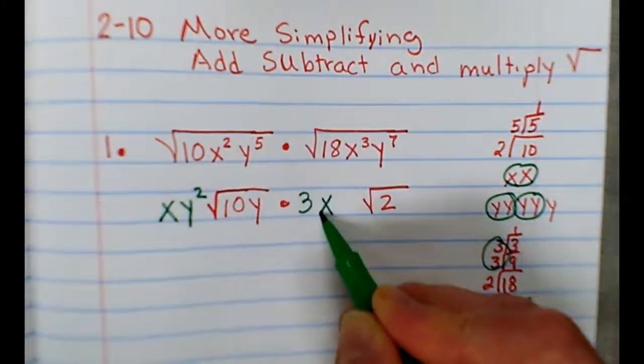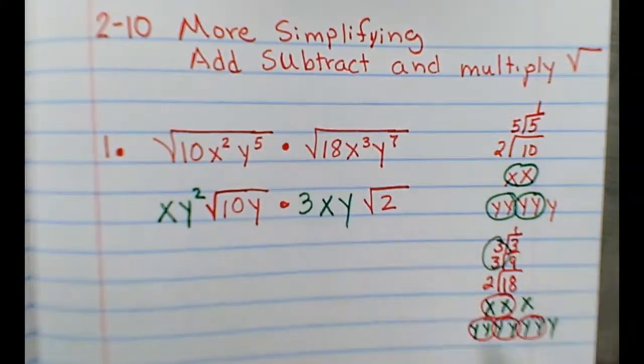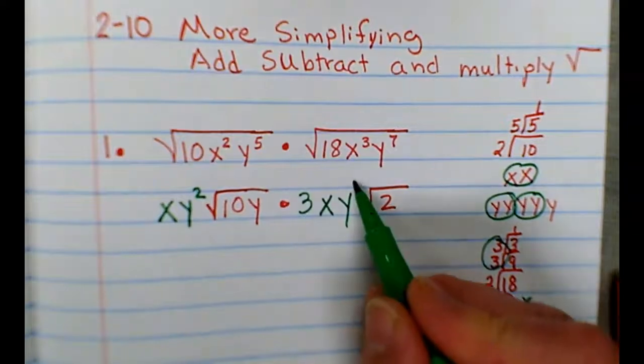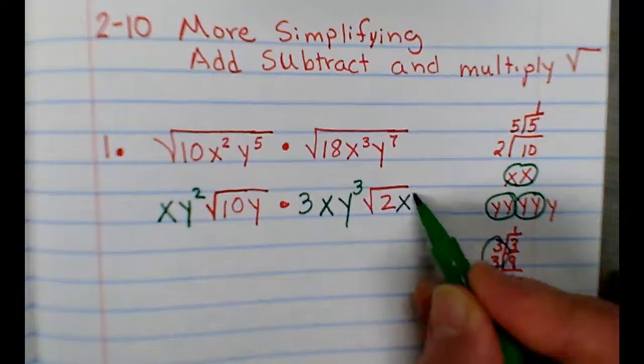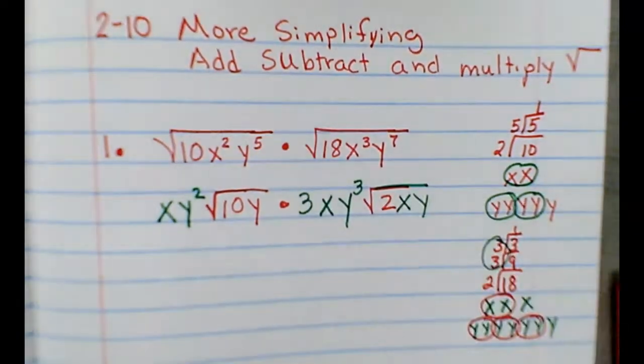There's a pair of x's, 1, 2, 3 of those, and an x and a y left over.